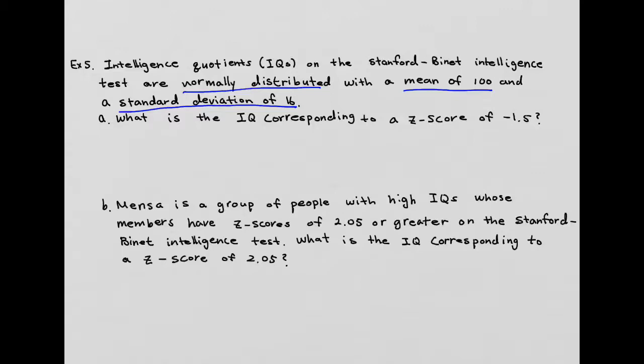So we'll do 100 minus 1.5 times your standard deviation. This gives you 100 minus 1.5 times 16, which is 24. So you will have 76. 100 minus 24 will be 76. So a z-score of 1.5 below your mean is going to be 76.